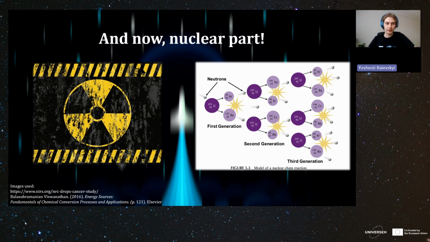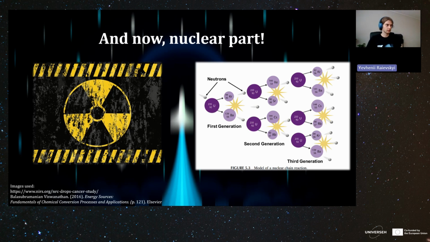But in nuclear reactors, there's one problem. You have to control this chain reaction, because if you don't control it, oh no, what is going to happen? And how do you do this? You do this using a so-called moderator. A moderator, for example water, is a molecule which can slow down those neutrons, because the neutrons created during this reaction are very fast, and you need to slow them down.